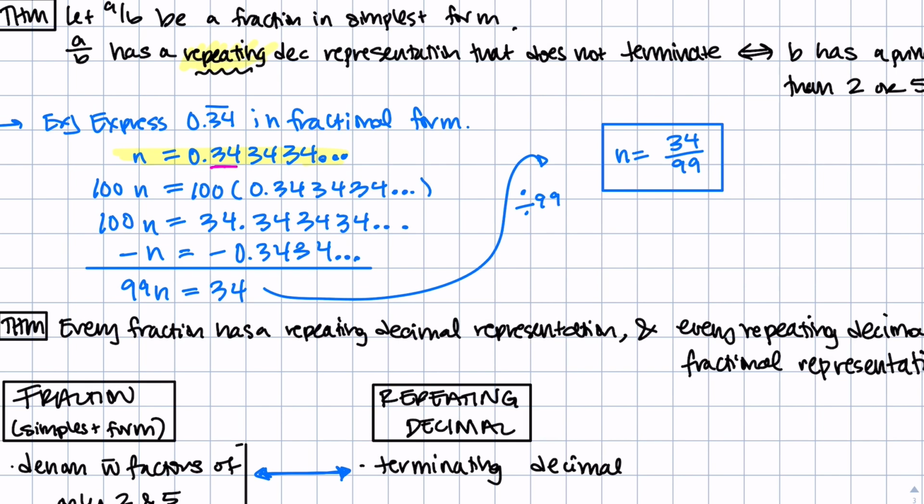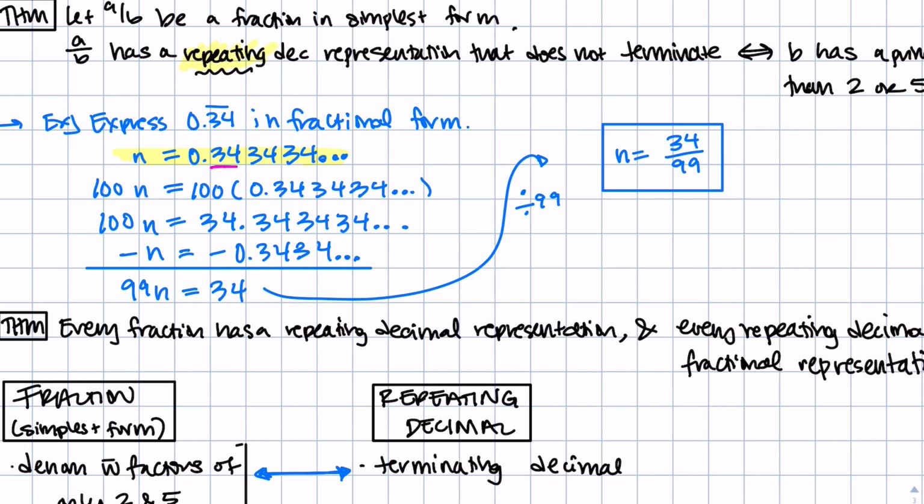So I start off and I say, I want n to be this repeating decimal, 0.34 repeating, and I multiply by the place value of the period. Here the period is in the hundredths place, so I'm going to multiply by 100 on both sides. Then I'm going to subtract off n.